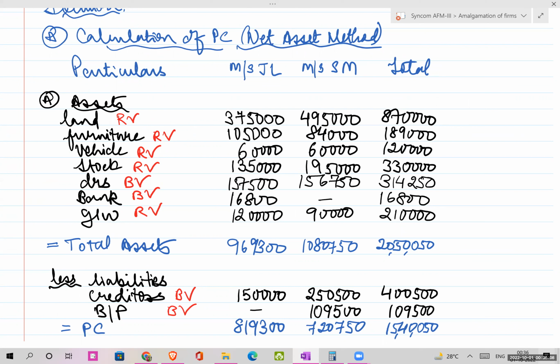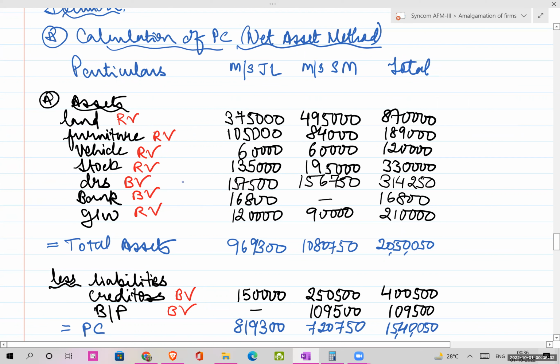उसमें दिया था ना question में that the assets are taken over by the new firm. That is revised value. तो जो assets बाकी बोला था क्या? Rest assets and liabilities will be taken at which value? Book value बोला था. Book value मतलब balance sheet value.